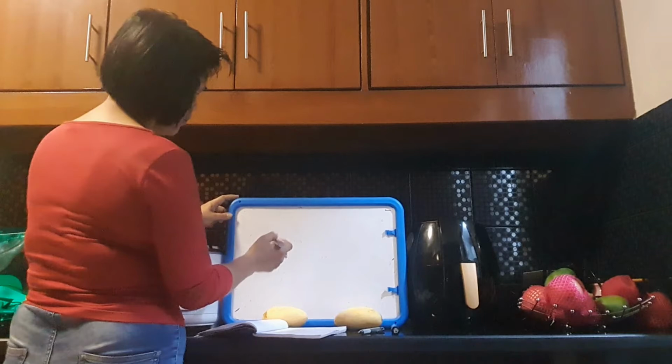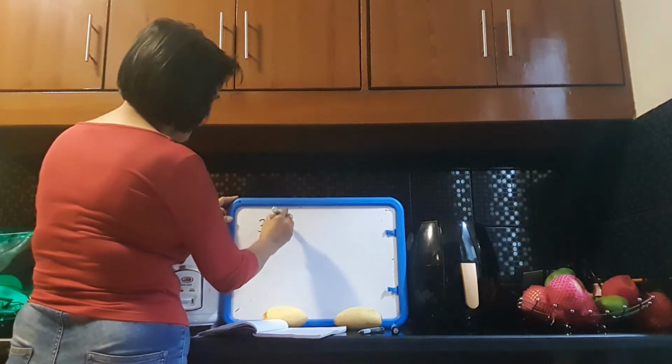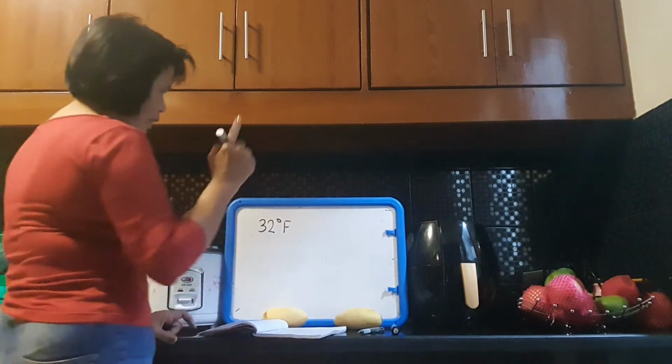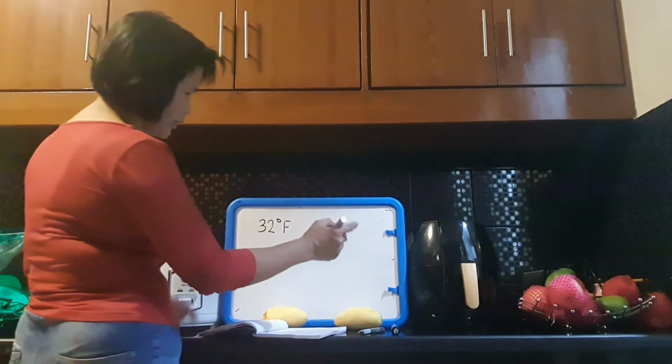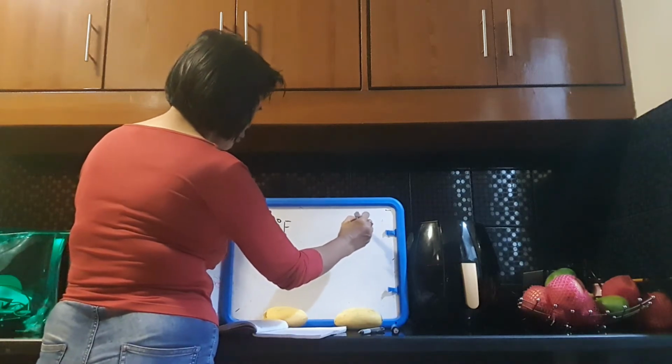Say you have 32 degrees Fahrenheit. How do you convert it into degrees Celsius?